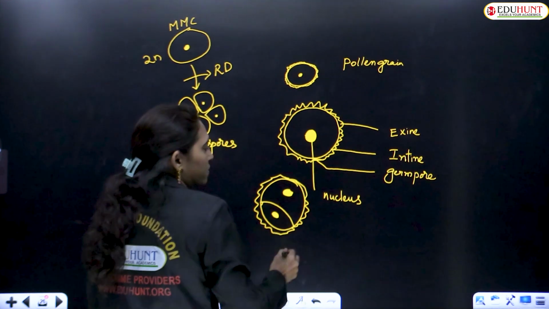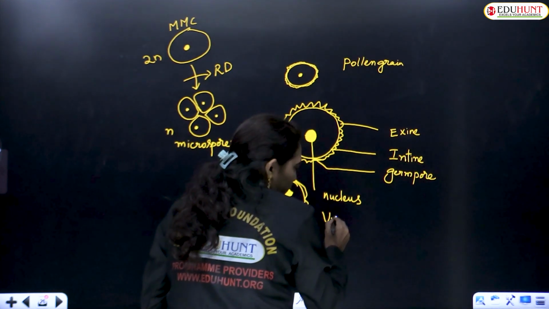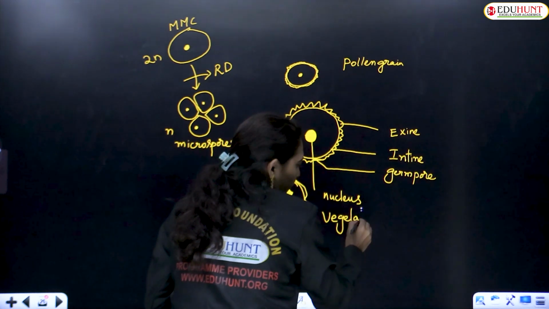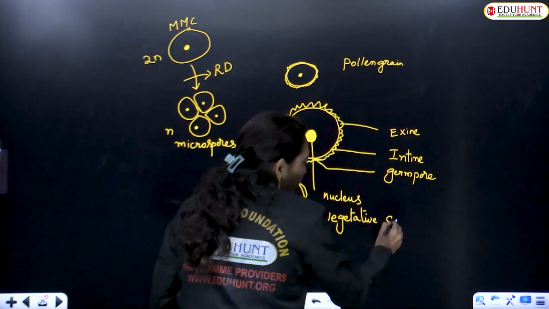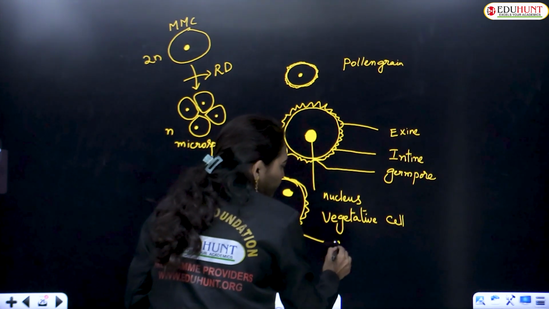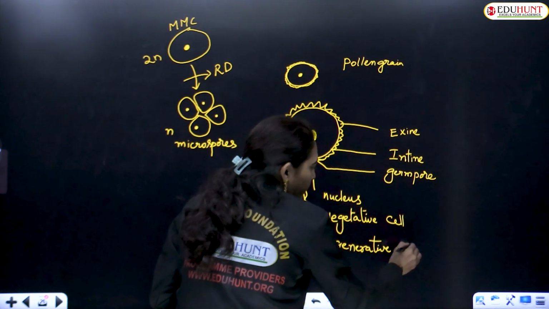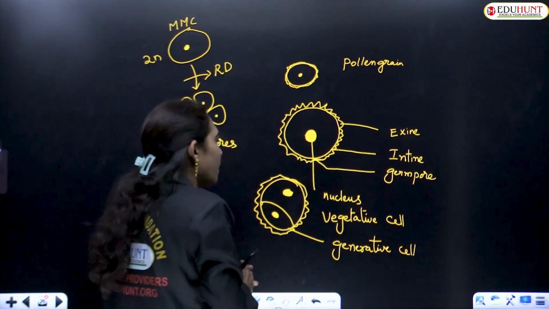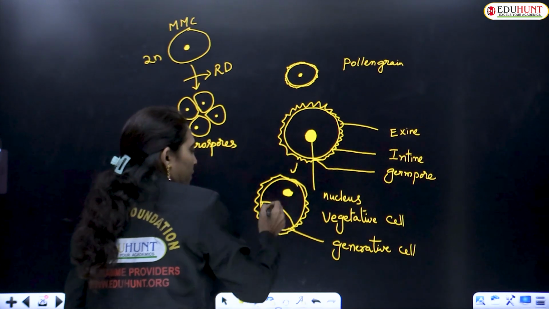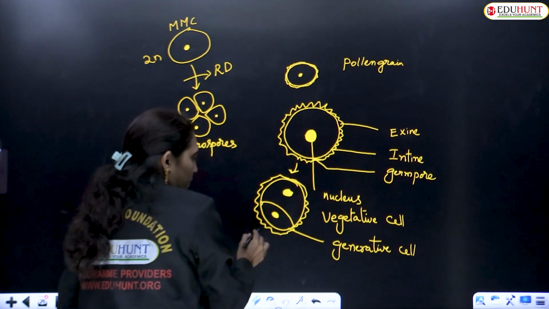it has two cells, a vegetative cell and a generative cell, after the first division.